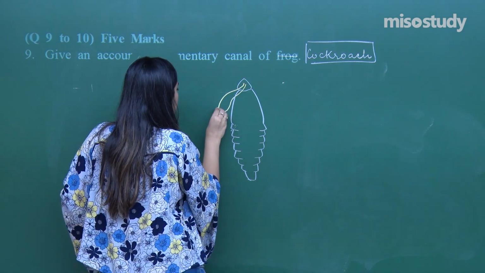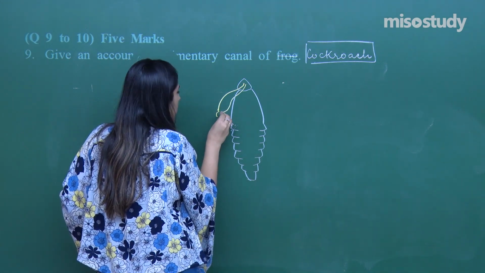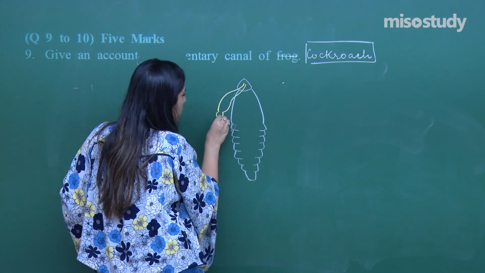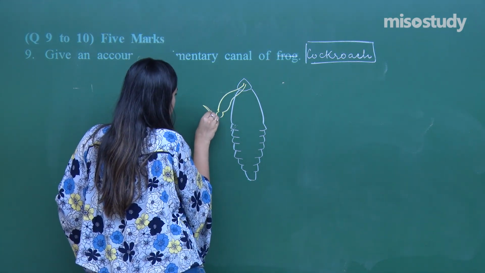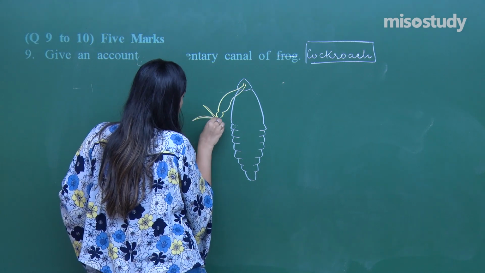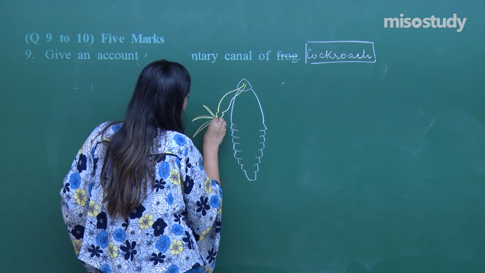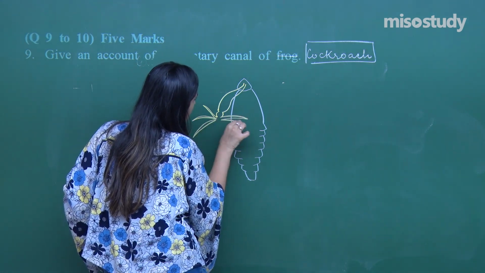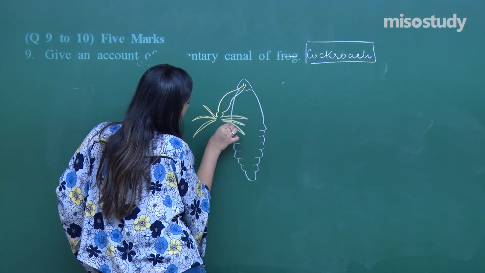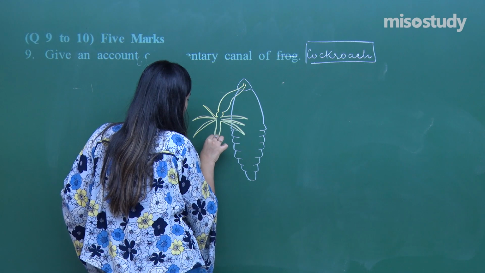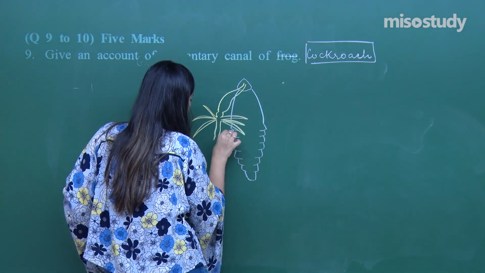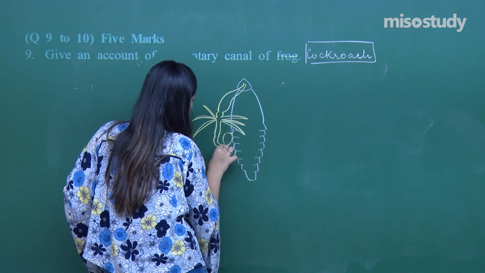And later on, we have one structure present over here, which we call a gizzard. After that, we can see the hepatic caecae, which are around 6 in number. Then we have the midgut present, which is also called the mesenteron.